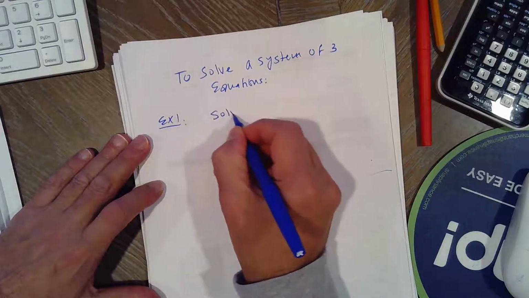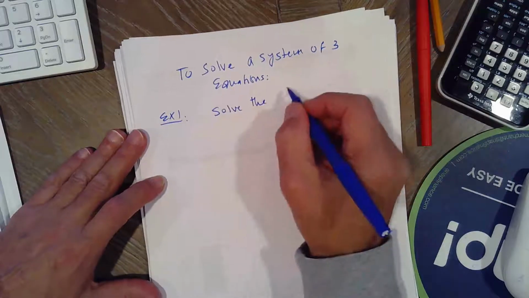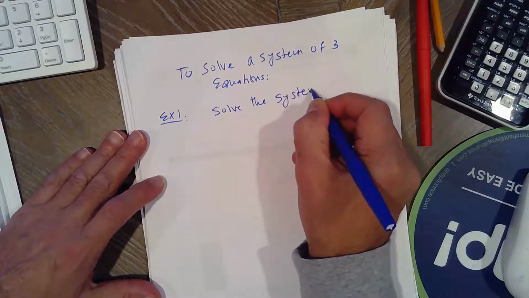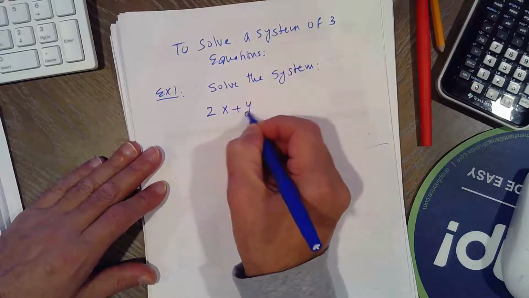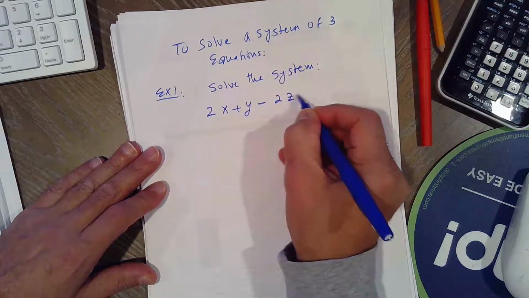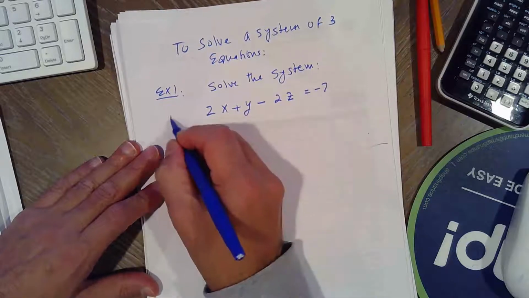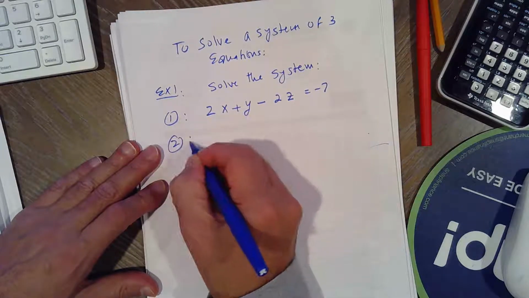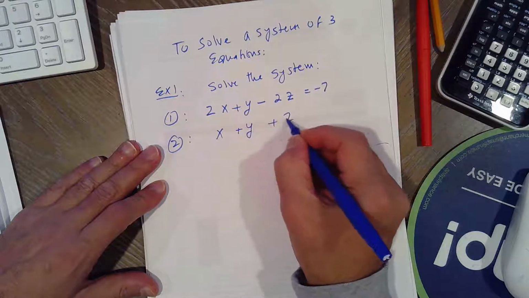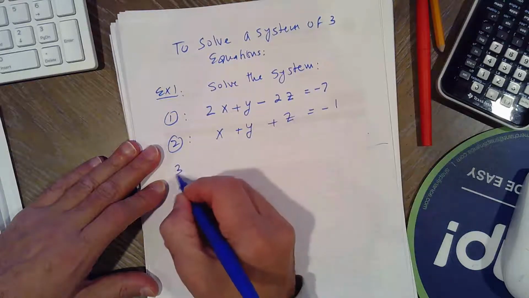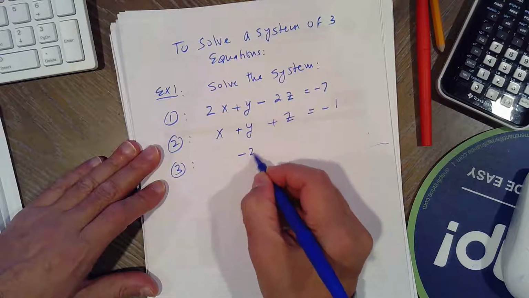So solve the system, and we're mainly going to do elimination, okay? Could do some substitution, but mostly elimination. 2x plus y minus 2z equals negative 7. I'm going to label them equation 1, equation 2, x plus y plus z equals negative 1, and equation 3.